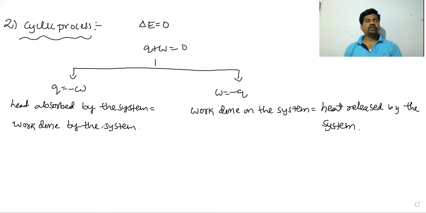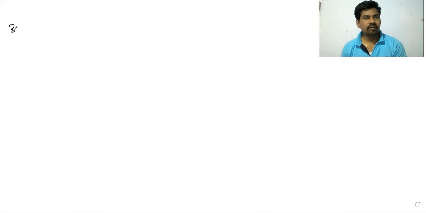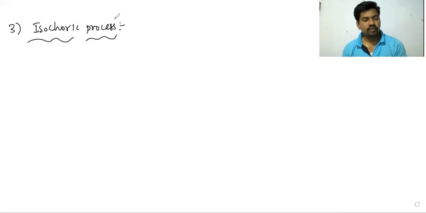In cyclic process, heat absorbed by the system is equal to work done by the system, and work done on the system is equal to heat released by the system. Then the third type, isochoric process. Here V is equal to constant.